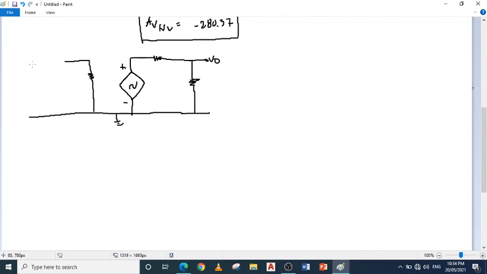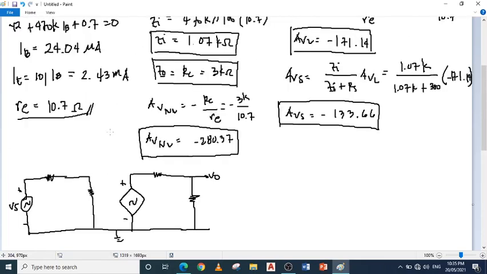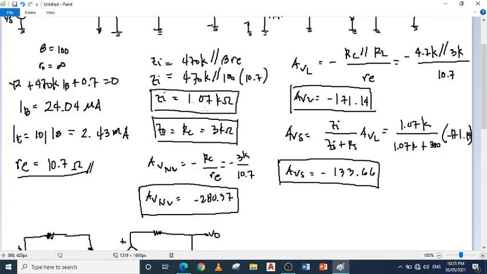Ito yung RL, tapos ito yung RS. Then, meron tayong Vs. Positive, negative. So, ito ay yung Ri or the Zi. Di ba? Pero ano yung Zi natin na sinolve kanina? Ang Zi is 1.07 kilo. Di ba? And then, Zo or Ro. Di ba ito yung Ro natin eh.